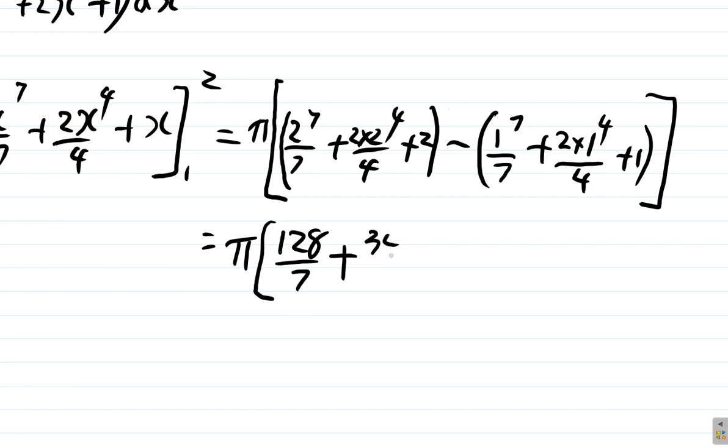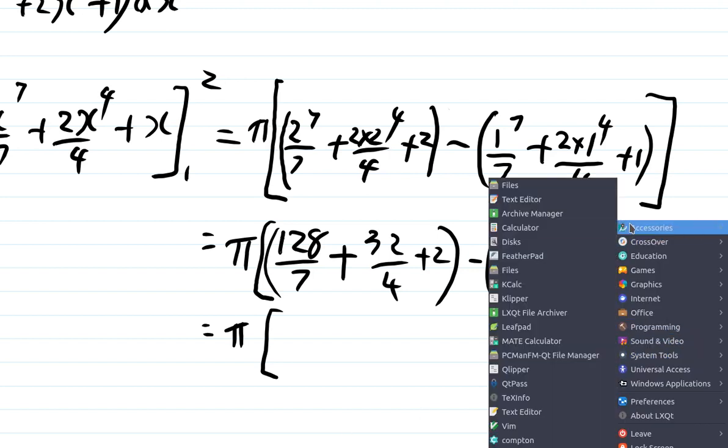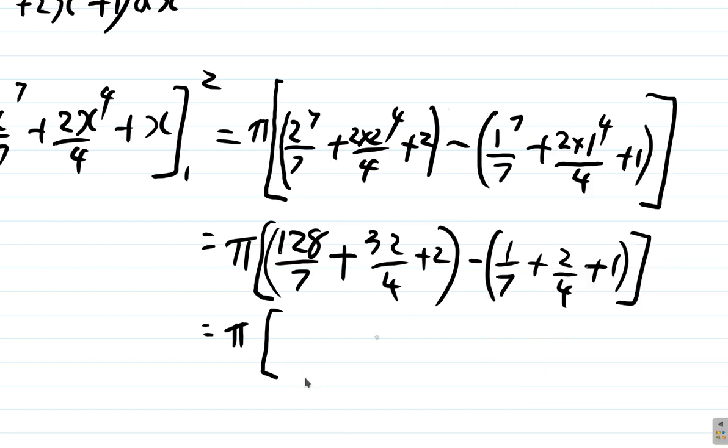It's 32 over 4 plus 2, minus 1 to the 7 is just 1, so it's 1 over 7 plus 2 times 1 to the 4 is just 2 over 4 plus 1. So what you have is pi times 128 over 7. We could work these out now using our calculator.